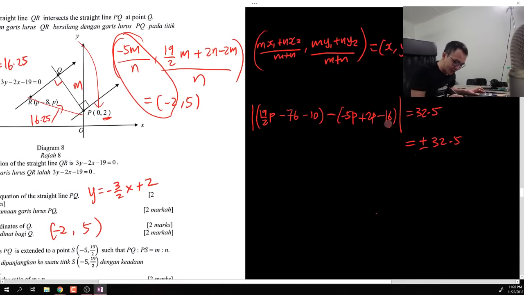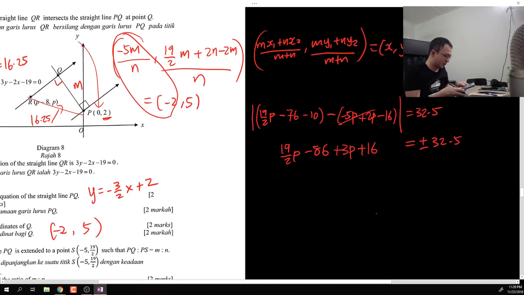So here is negative 3p, negative, positive 3p, plus 16. So this one is 19 over 2p, this is minus 86. So yeah, we will need 19 over 2 plus 3. You will get 25 over 2p.